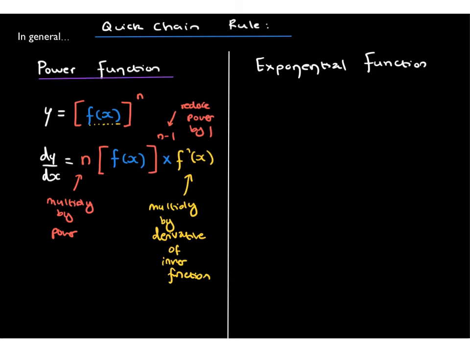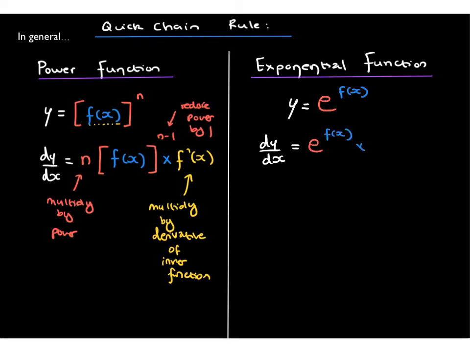But what about a function that is an exponential function overall? Well, what would that look like? Well, that would look like y equals e to the power of f of x. So you can see the difference between the two types of function here. Now, dy by dx, using the chain rule, we know that an exponential function differentiates to itself, so we get e to the power of f of x.